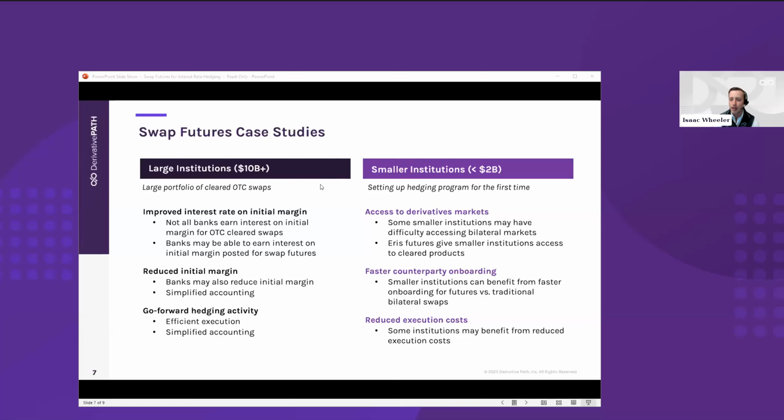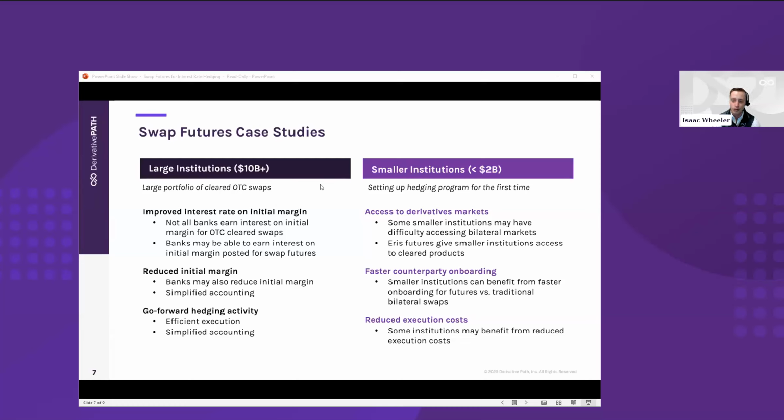So their FCM does not always pay them interest on that margin. And so if you move to swap futures, these are different FCMs a lot of the time. They might be the same in certain instances, but they could be different FCMs. And we often see that there's the potential to earn interest on that initial margin with swap futures. So maybe a little bit of pickup there from an interest income standpoint through the swap future product.